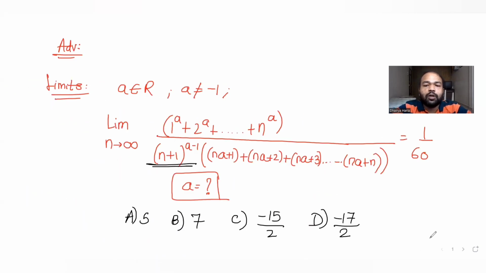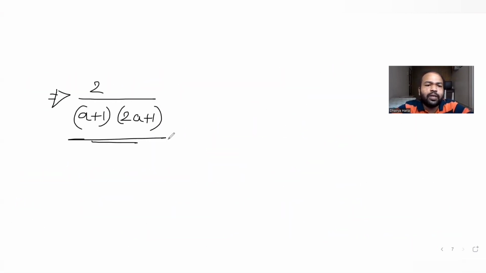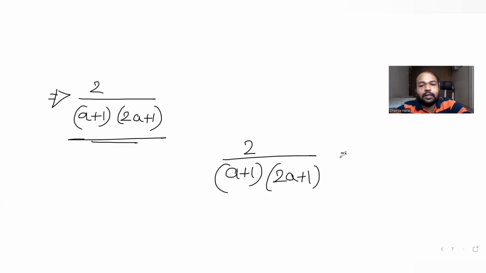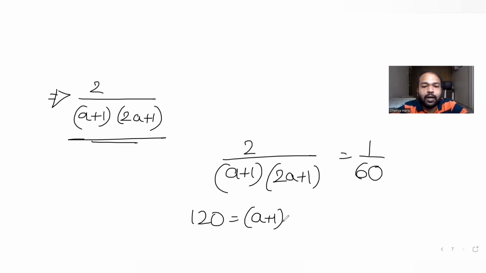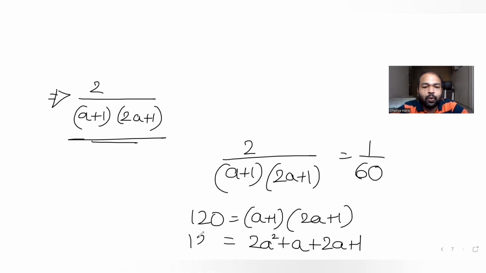So we just figured out the value of the limit of this expression. We were also told that that is equal to 1 by 60. So if I equate this entire expression with 1 by 60, this basically turns out 120 here, and if I multiply and take it on the other side, it gives me 2a square plus a plus 2a plus 1 0.